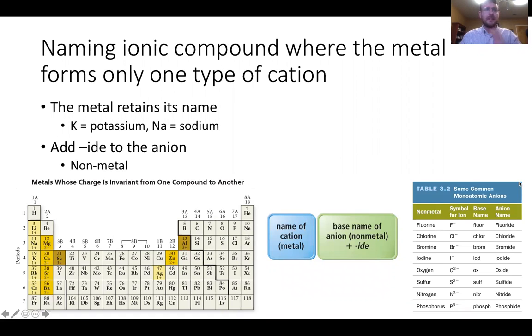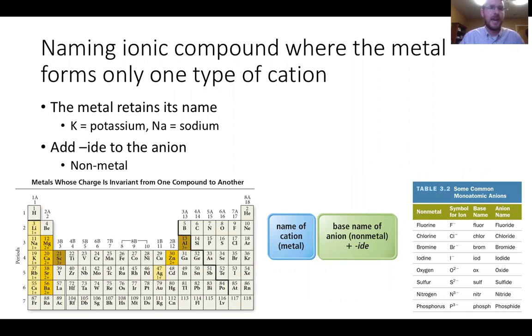So naming an ionic compound where the metal forms only one type of cation. You're thinking, what do you mean just one type? We're going to talk about that in the next slide, what happens, and just some different examples. So the metal in an ionic compound always retains its name, right?